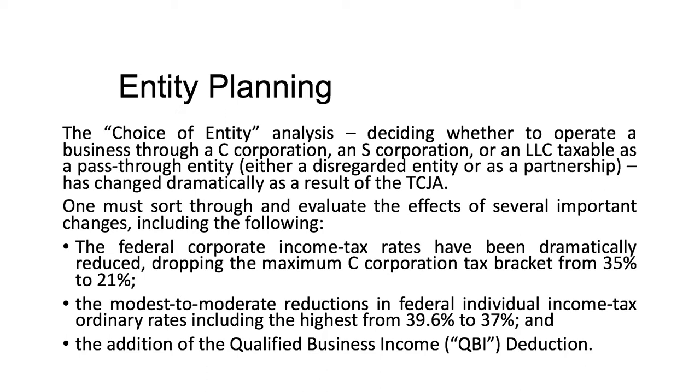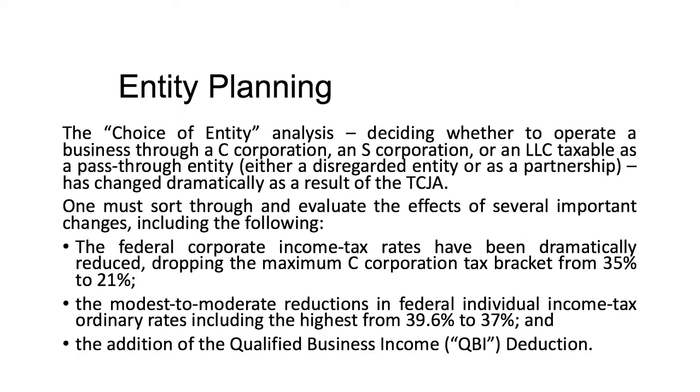That's the idea. So before the Tax Cuts and Jobs Act of 2017, business entity planning or choice of entity was very, very basic, and it was very rare to find a time when you needed a C corporation. There were some instances: if you retain earnings, you don't have to worry about the accumulated earnings tax because the corporate tax rate is lower than the highest ordinary income tax rate. You could potentially save taxes there.